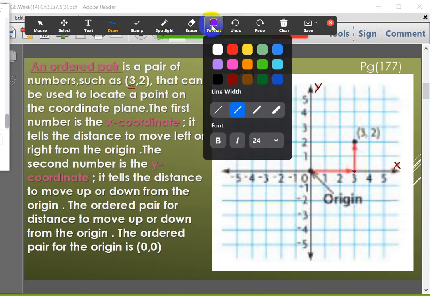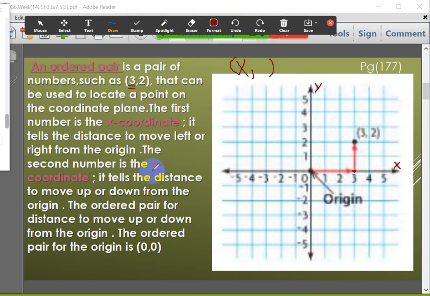What about the y coordinate? The second number is the y coordinate. This one, which is 2 in this point. So the second number, we name it the y coordinate. It tells the distance to move up or down from the origin.